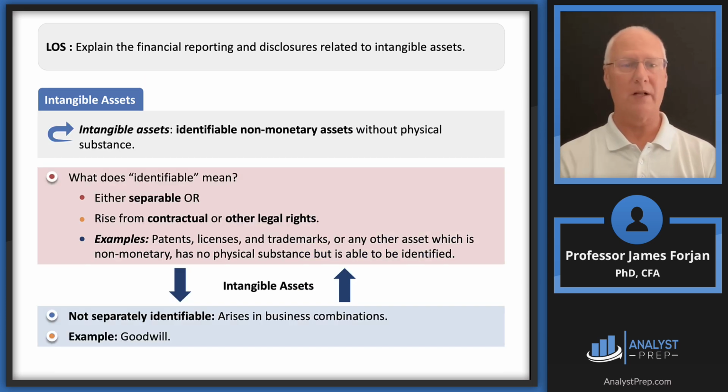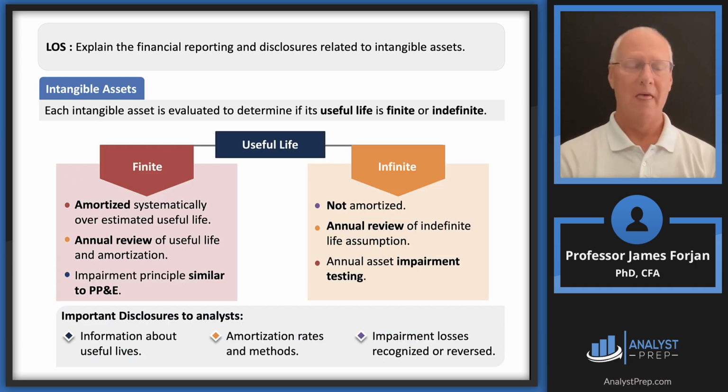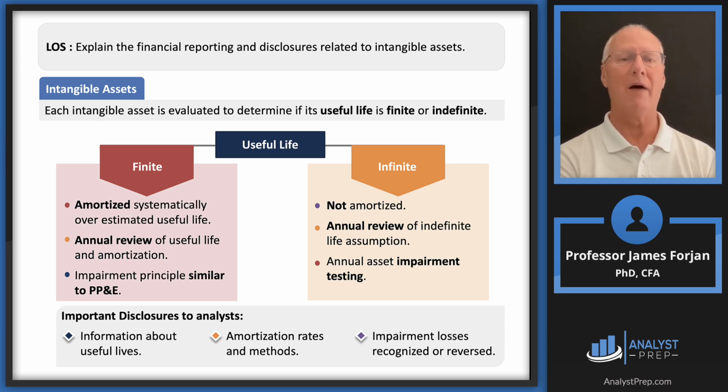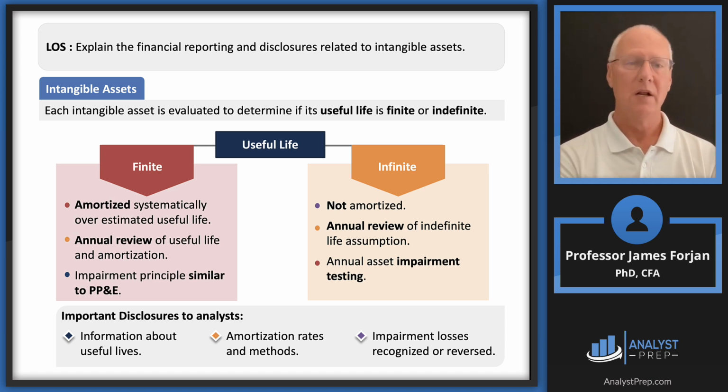And we can say the same thing. Here, let me go back here quickly. We can say the same thing with a patent or a license or a trademark, because those things can increase in value or they can decrease in value over their life. All right, so think about finite life. That's going to be a key part of the question stem, finite life for this intangible asset. So just think of all the stuff that you know about depreciation expense.